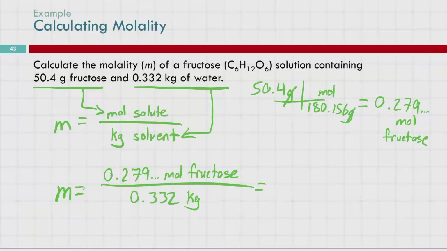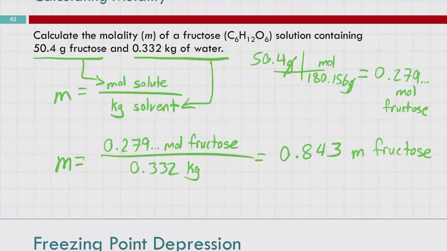Our molality is 0.843 after we round, lowercase m fructose. I think the calculation part is relatively simple.